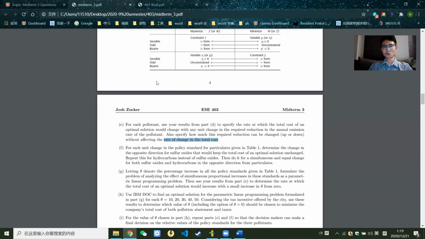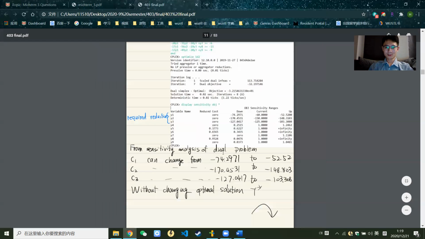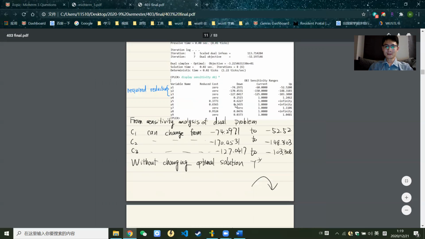So it's the solution of the dual problem. So here we want to see how much the coefficient of the objective function in the dual problem can change without changing the solution of the dual problem, and here is the answer.